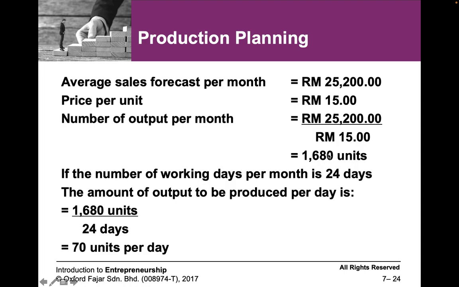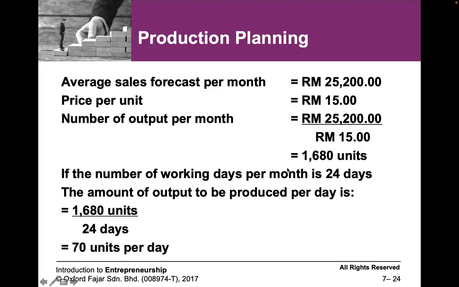Next, if the number of working days per month is 24 days, the amount of output to be produced per day is 1,680 divided by 24 days, then you will get 70 units per day to produce. The number of working days per month depends on the company.